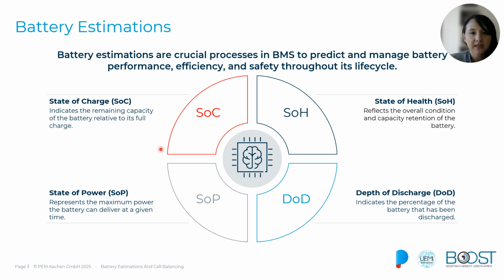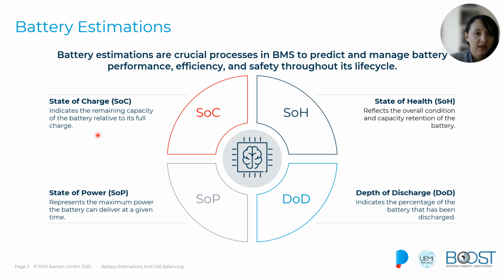So the first one is the state of health, and the state of health is a parameter that reflects the overall condition of the battery, and it will indicate how much energy we have in comparison to the original capacity, and it will help us to determine whether a battery is still fit for use or if it needs, for instance, to be replaced.